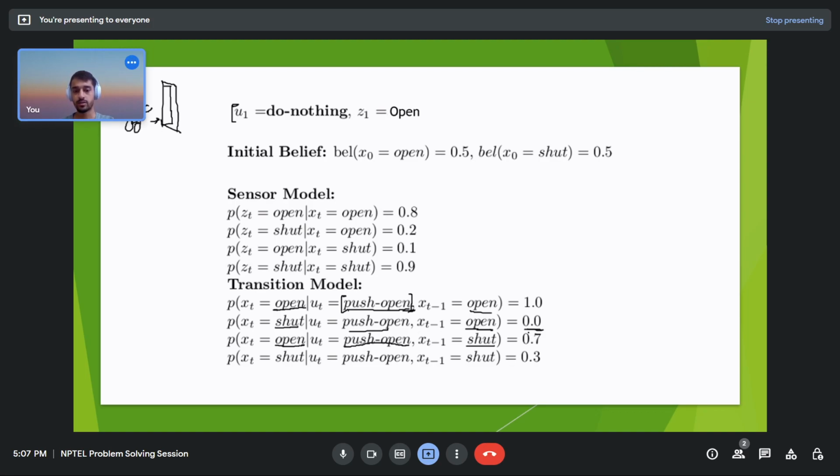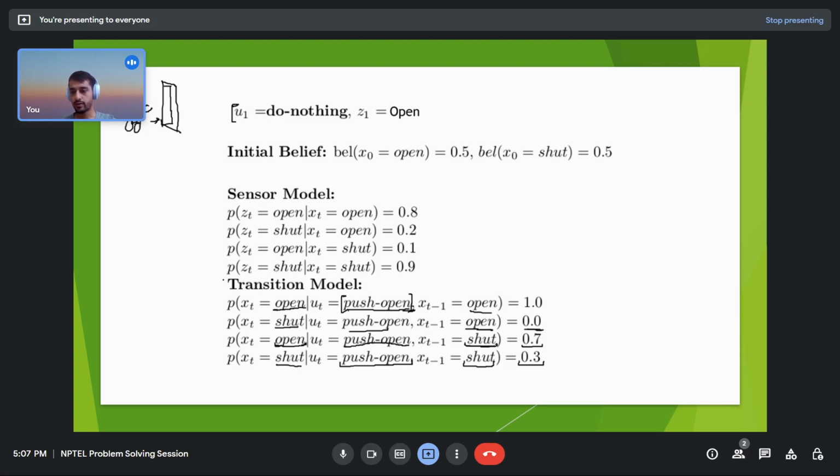There is a probability of 0.7 that if the door is closed initially and the robot pushes the door, then the door becomes open, and a 0.3 probability that it remains shut.